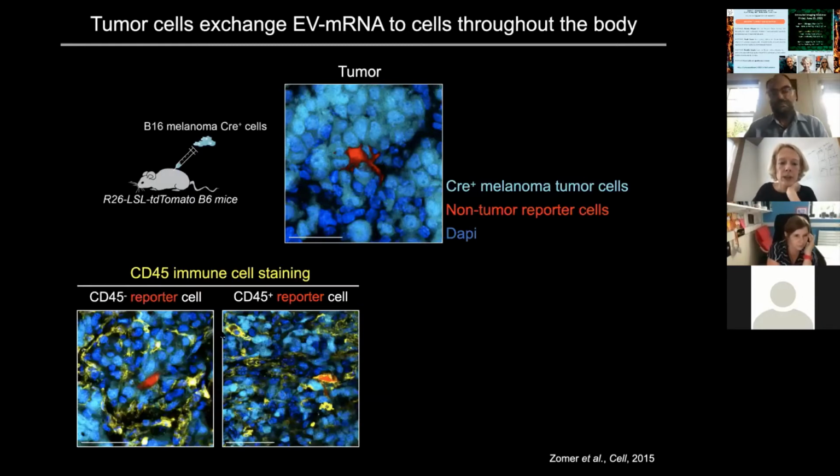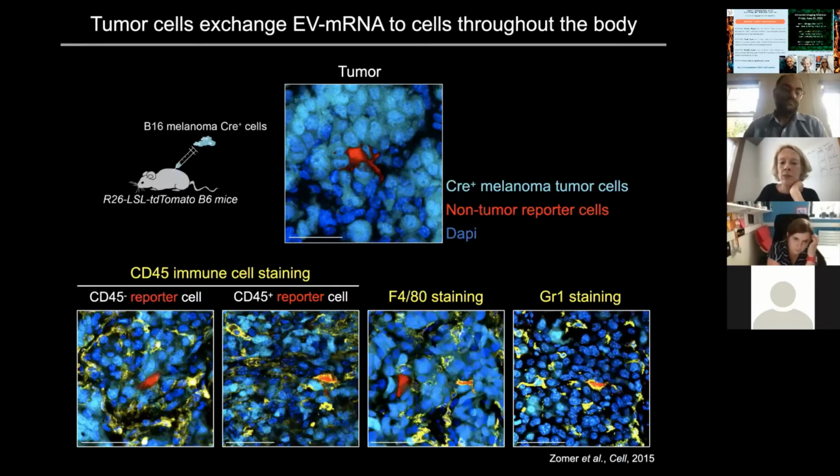We had an initial look at what these cells are, and these include both non-immune cells because they're CD45 negative, but also immune cells which are CD45 positive. And of the immune cells, we could identify some macrophages, F4/80 positive cells, and neutrophils, Gr-1 positive cells.